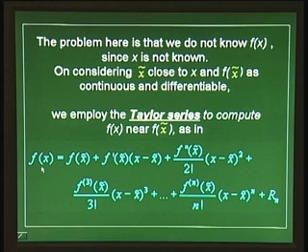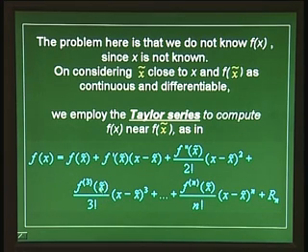If you have a continuous differentiable function, then we could write f of x as f of x tilde plus f prime, the derivative of f evaluated at x tilde, into x minus x tilde, that is delta x, and then the second derivative, f double prime, divided by 2 factorial into delta x squared, plus the third derivative, again evaluated at x tilde.